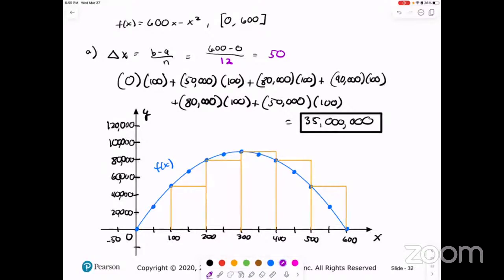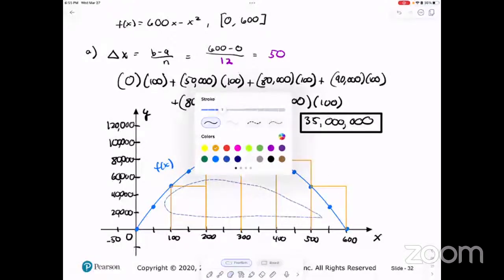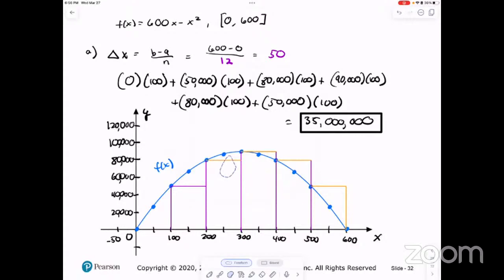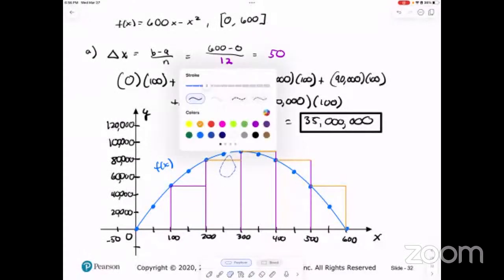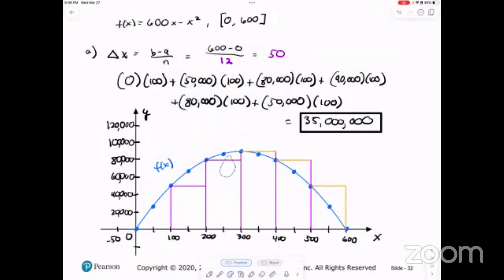So what I'm going to do, I'm going to capture as many of these as I can. Style, I'm going to change them to purple. This also needs to be purple. Actually, let me get rid of those guys. Get rid of these.